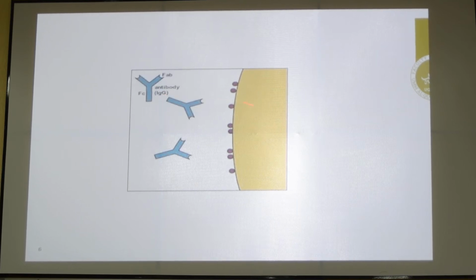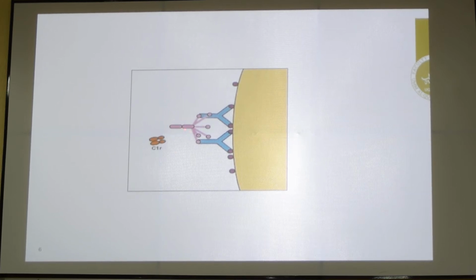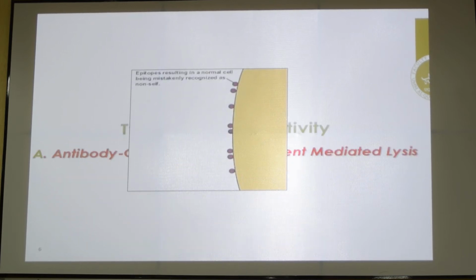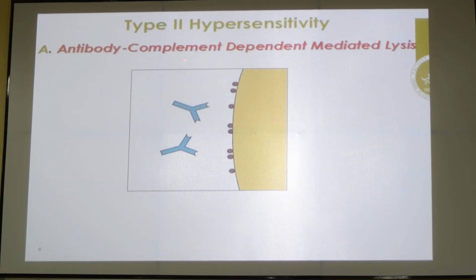Antibodies are produced against the target cells. They bind to their antigens. C1 is activated by the classical complement pathway. It will lead to activation of other pathways, MAC formation, and MAC will cause damage to the target cell. So very simple. This is antibody and complement dependent mediated lysis.